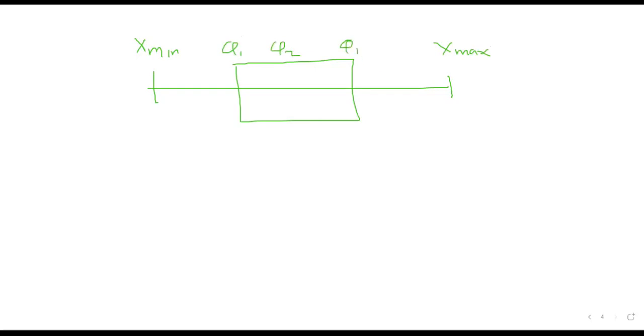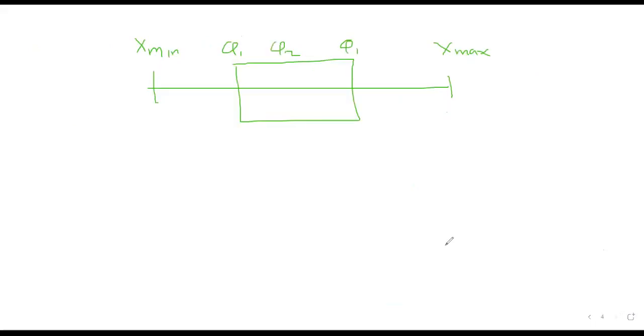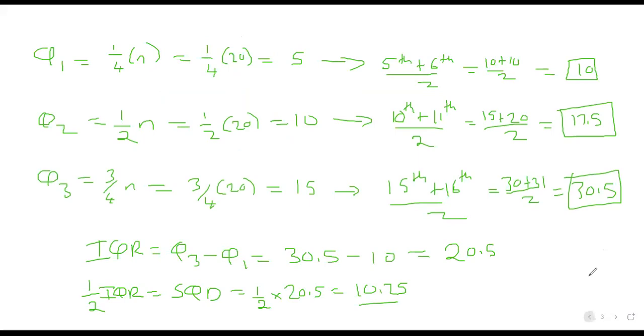So we found the first quartile, second quartile, and the third as 10, 17.5, and 30.5.